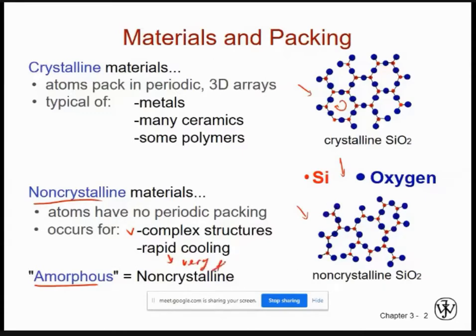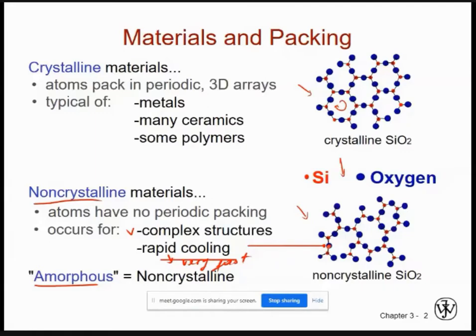So if you heat silicon oxide and cool it very fast, it may get a non-crystalline structure because the atoms will not have enough time to get to their original position. Let's say it should have been here, but it couldn't because it didn't have time.